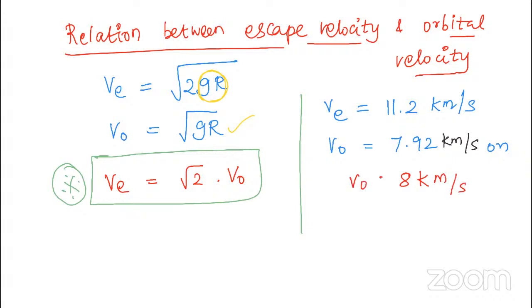So the V naught value is another constant value, orbital velocity's constant value. And this is the escape velocity's constant value.